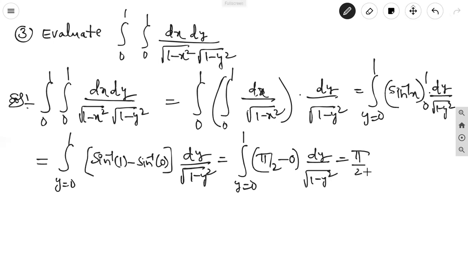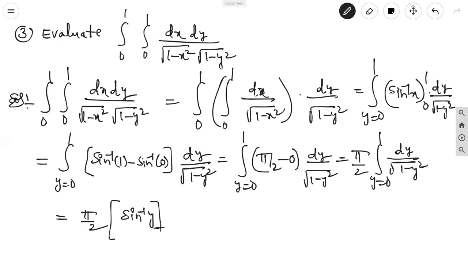Pi by 2 right outside. Integral y equal to 0 to 1 dy by under root of 1 minus y square. It is also the same expression. So pi by 2. Integration of dy by under root of 1 minus y square is sine inverse y, limits from y equal to 0 to 1.